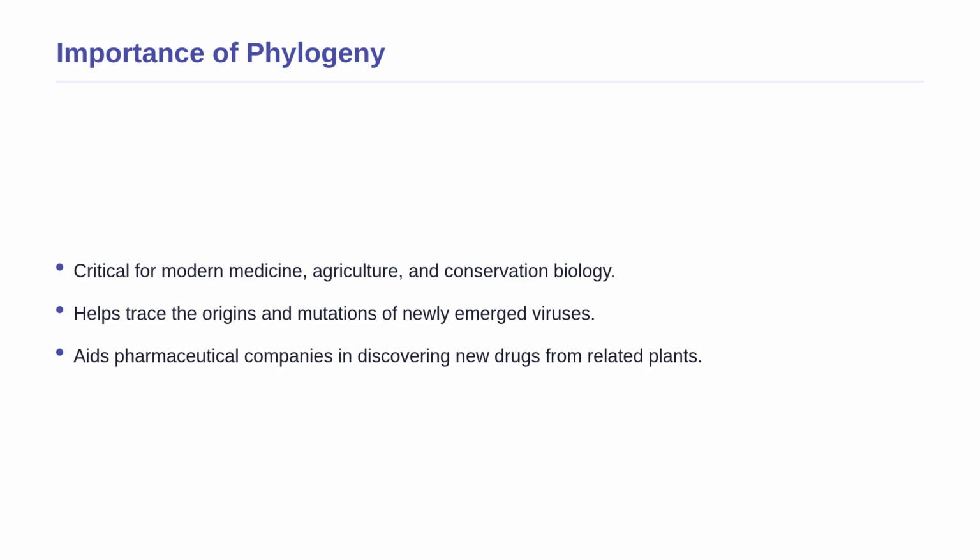It also helps pharmaceutical companies discover new drugs by identifying plants or microbes that are evolutionarily related to known medicinal species. Without this powerful computational tool, we would be completely blind to the evolutionary history that shapes the biological world around us.